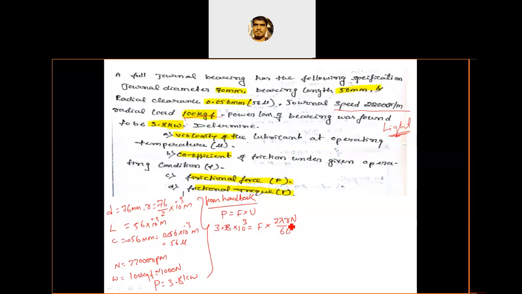Here r is given, n is given. So substituting that will give the value of F directly. F is equal to 41 Newton. So coefficient of friction is F by W, that is 41 divided by 1000, 0.041.